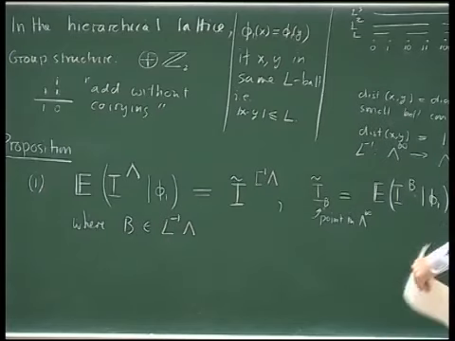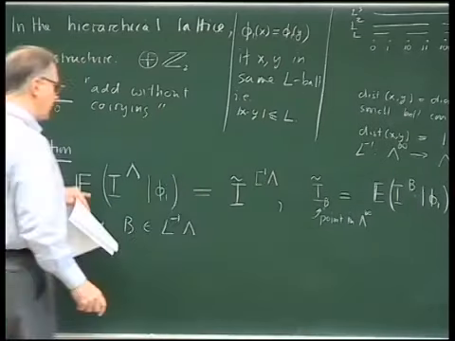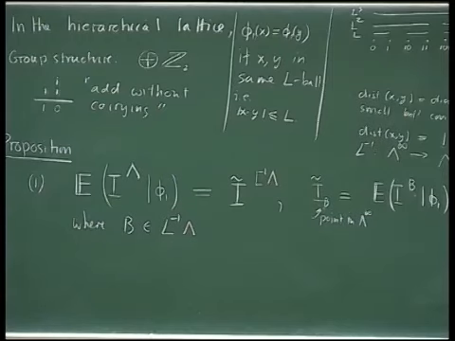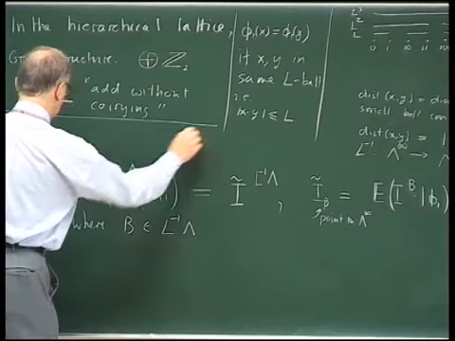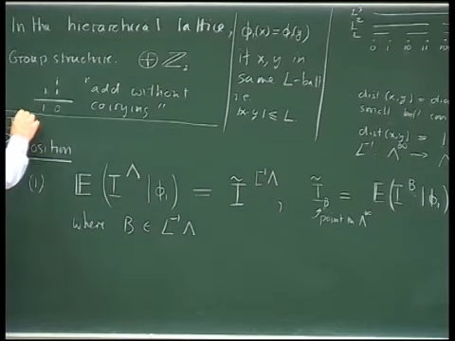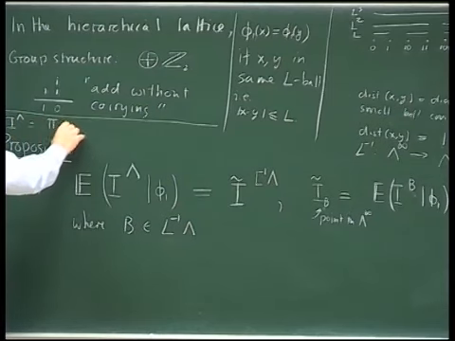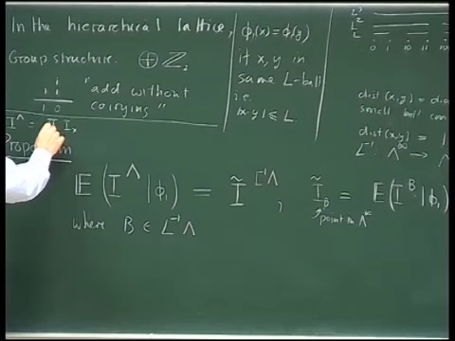Then everything makes some sense in this equation, even if you don't believe it, because I to the power of lambda, let's just squeeze in this notation here, means the product of a function I sub x over points x in lambda.